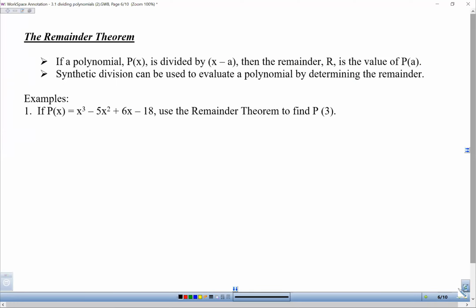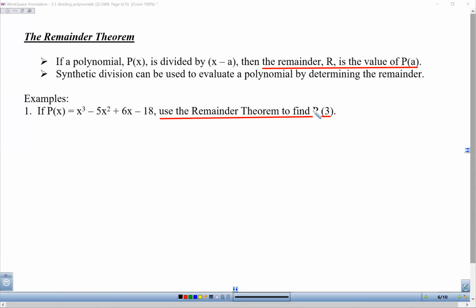So we're going to use synthetic division to find the value of the function. The remainder theorem basically says that the remainder is the value of the function at whatever value we're putting into synthetic division. So we're going to use synthetic division to determine the remainder. Notice it says use the remainder theorem to find p of 3.